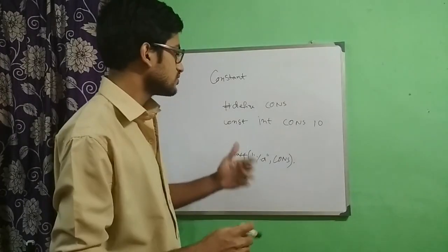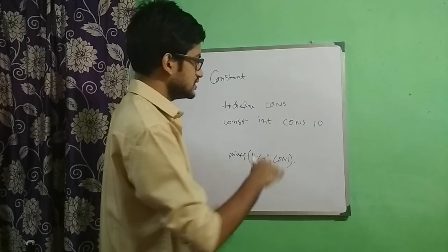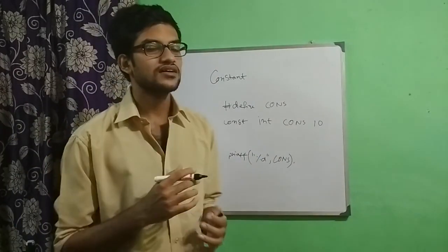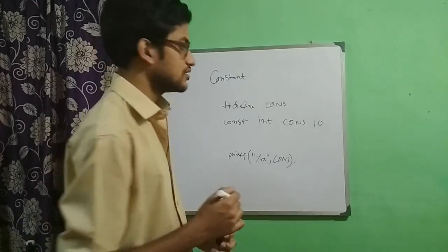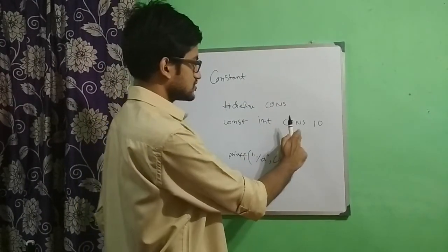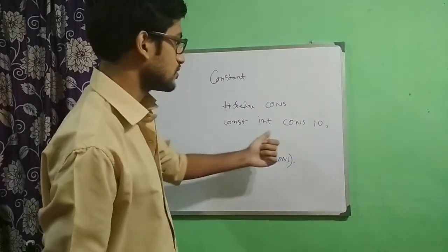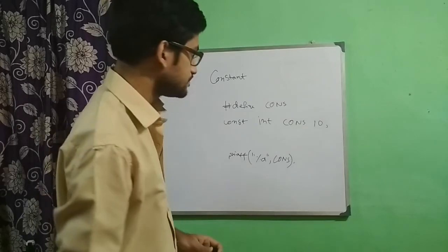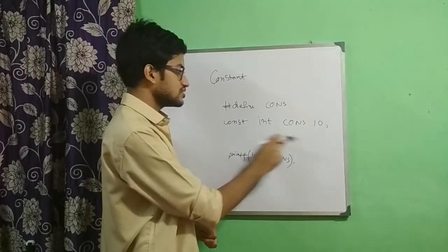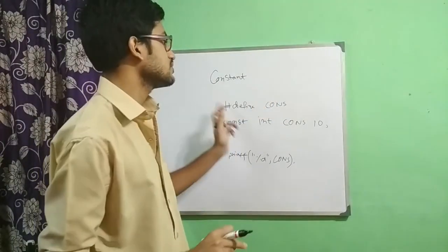In both of these cases, we need to define the constant, meaning assign the value to the constant, in the same line. If you're writing const int cons, there will be a semicolon. In case of hash define, there is no semicolon, because this is using a preprocessor command and the other is not.